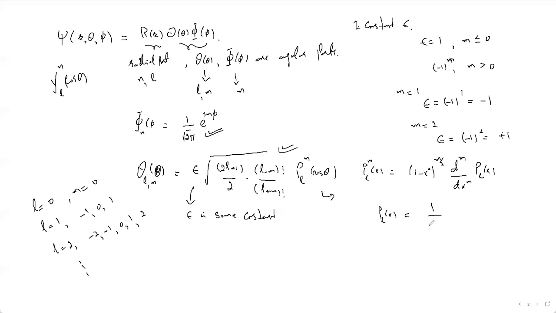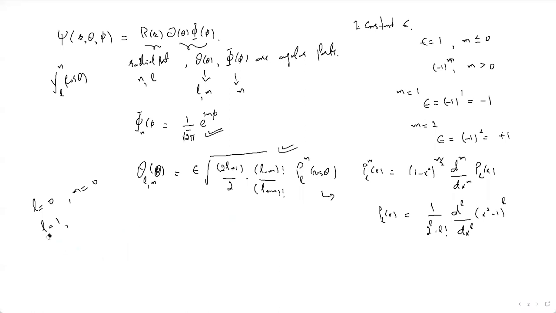It is always given by 1 by 2 raised to power L, L factorial, d^L by dx^L of (x square minus 1) raised to power L. Now I can use different values of L. Let us try to solve this for different values of L. Suppose L is equal to 0.